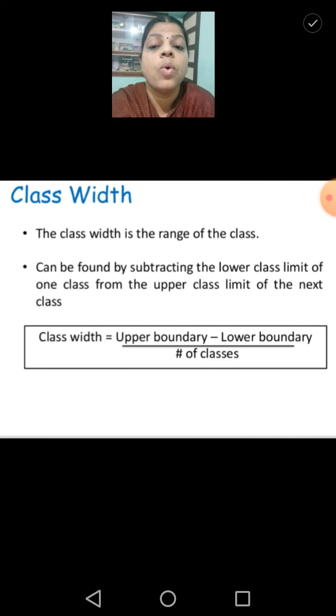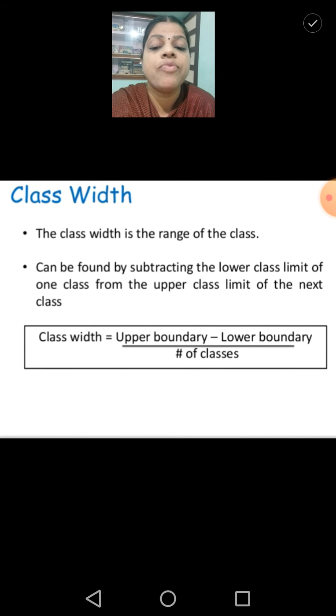And what does the class width mean? Class width means the range of the class. Isn't it? I told you 0 to 10 as a small example. What is the class width there? It is 10, because 0 to 10 is the width of that class.